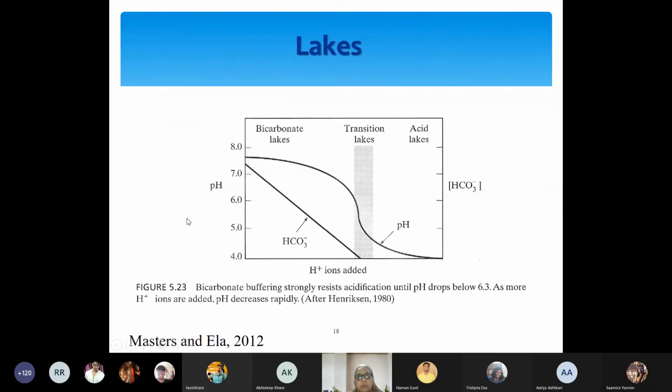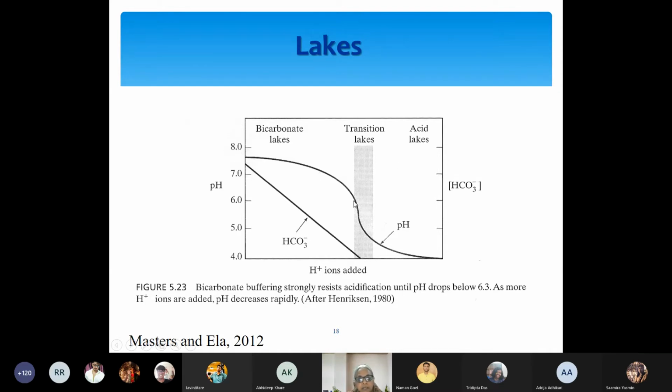So here we have bicarbonate buffering. So you can see the pH and the proton concentration. As it is added, the bicarbonate lakes will resist pH change. So you can see it's between 7 and 8 and it remains steady.